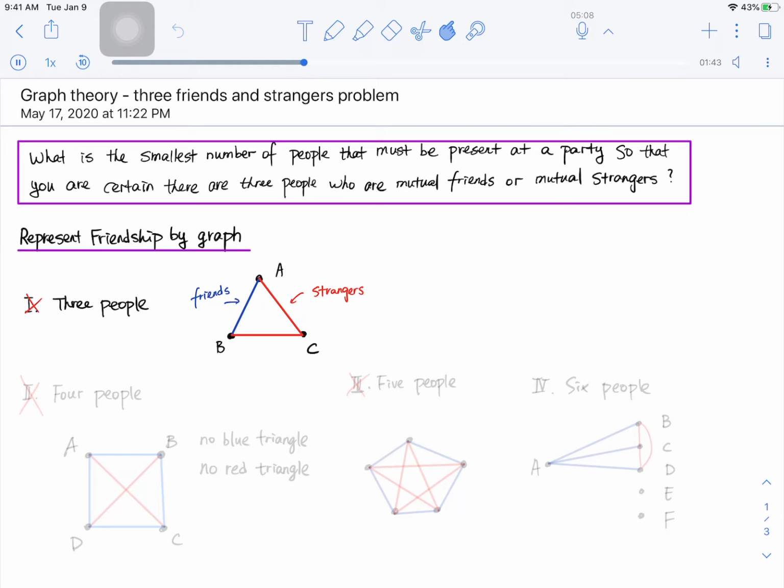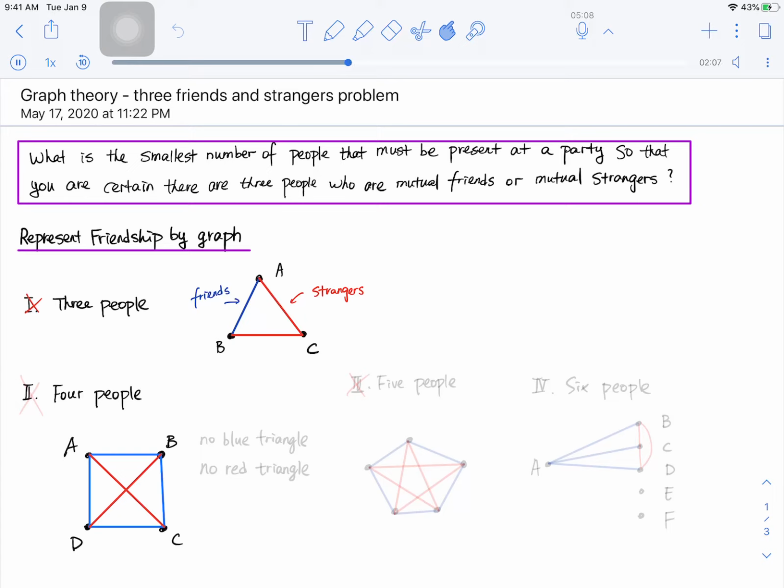Now let's think about a slightly more complicated situation, which is what if we have four people? Let me give you a specific situation for the friendship in terms of four people, which is this one.